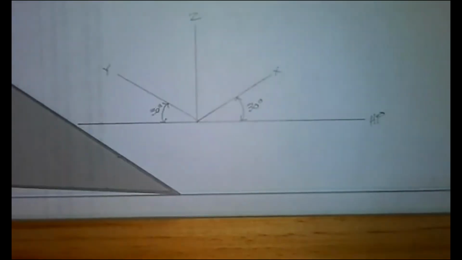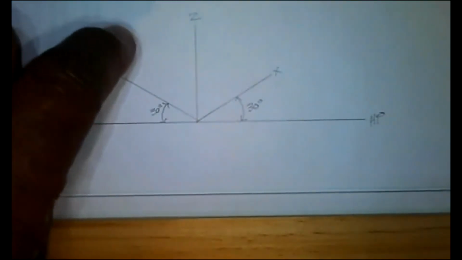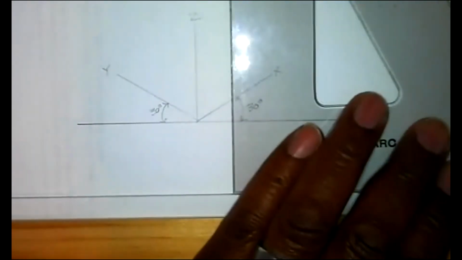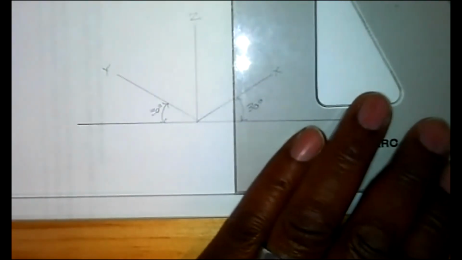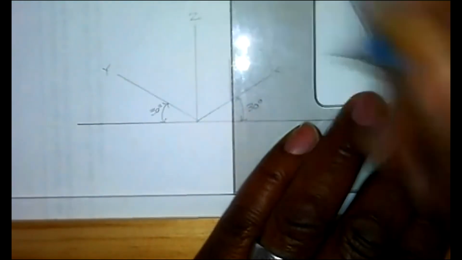All right, so now I have my z axis, my x and y. So now all vertical lines are going to be parallel to the z axis. I'm just going to draw it. Parallel, okay?